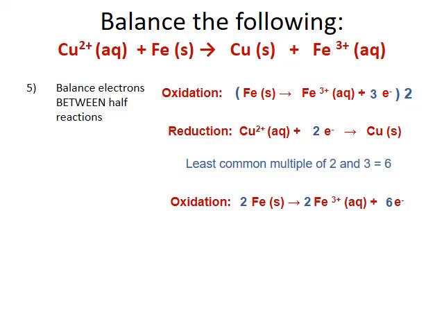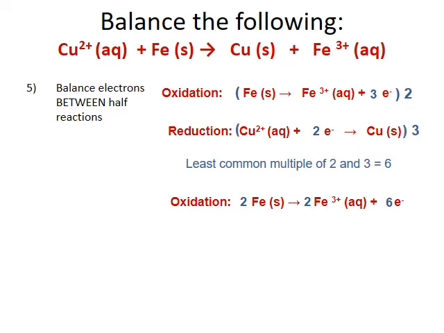The oxidation half reaction now becomes 2 solid iron atoms on the left and 2 iron ions with a +3 charge on the right, plus 6 electrons total. And by multiplying everything in this half reaction by 2, not just the electrons, we've maintained the mass and charge balance we established in the previous steps.